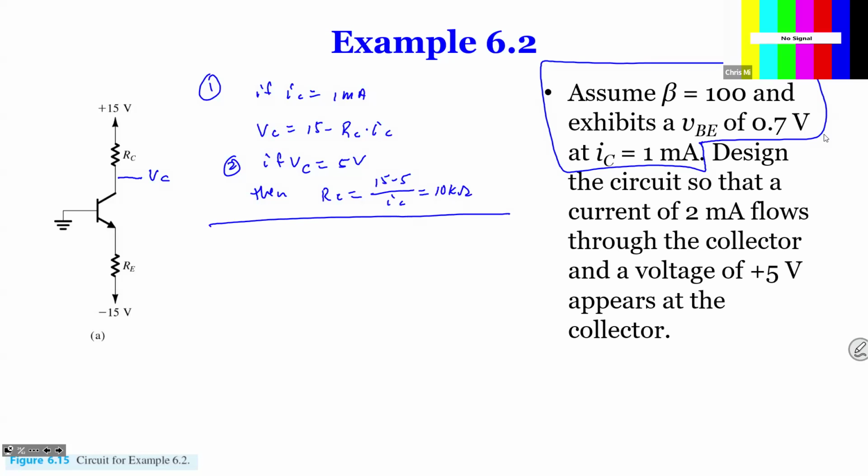In fact, that calculation was based on 1 milliamp, which apparently is not going to work, right? So if it's 2 milliamps at 5 volts, we're going to have RC equal to 15 minus 5 divided by 2 milliamps. That gives you 5 kilo ohms. So now you want to ask me, what is going on? First you say RC is 10, now you are seeing RC is 5. Which one is correct?